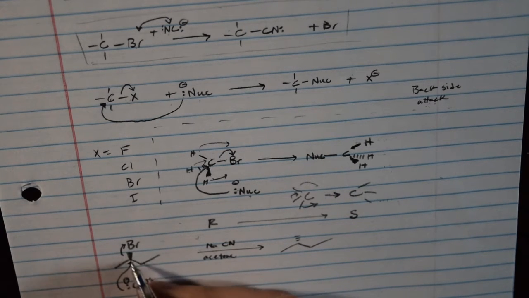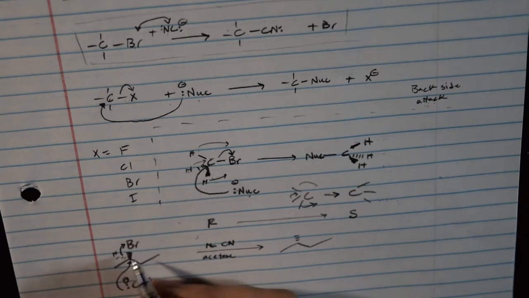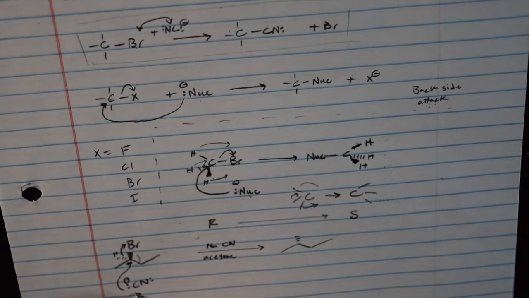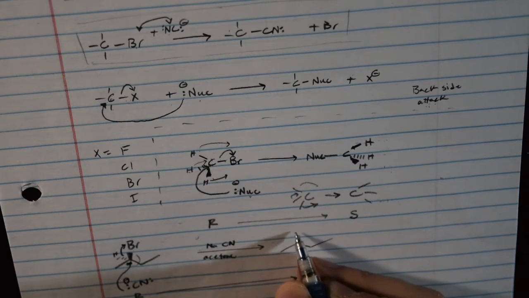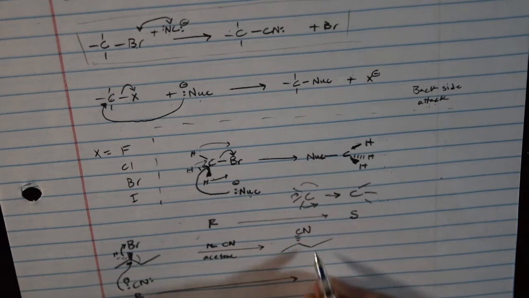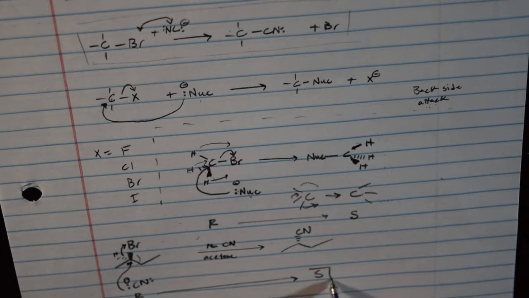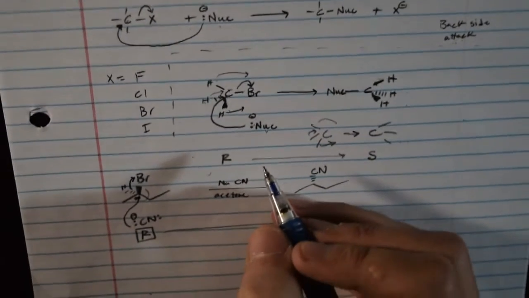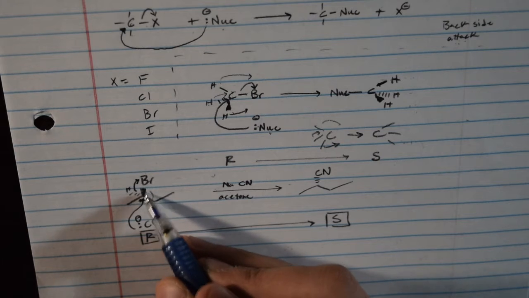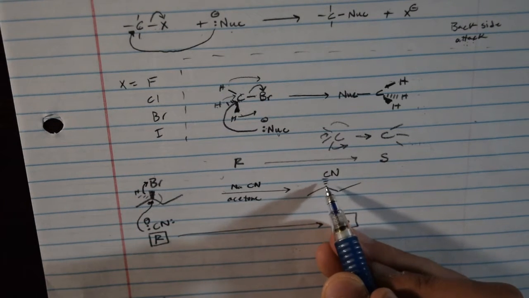So this is right now an R, right? Right here, we'll switch to an S. What's gonna happen is that every time it's gonna switch from a wedge to a dash.